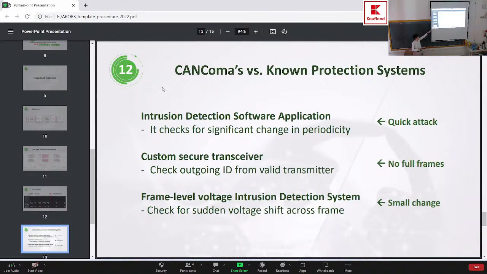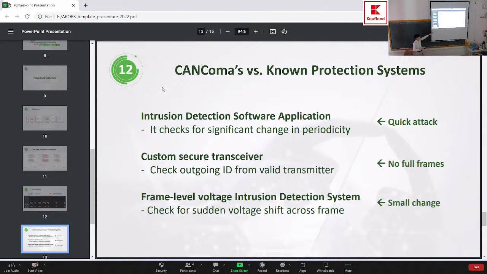A non-secure transceiver cannot detect this attack because we are not changing IDs that appear on the bus. We are only injecting malicious data when the acknowledgement bit is being sent, so we don't put full frames.